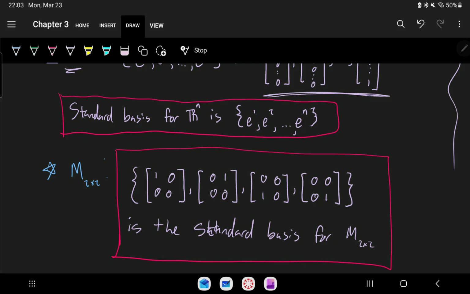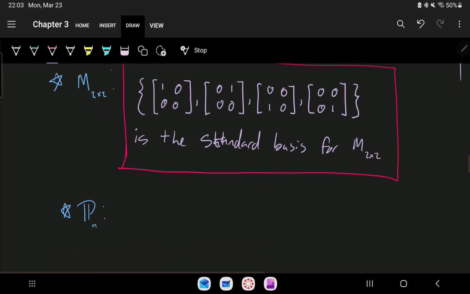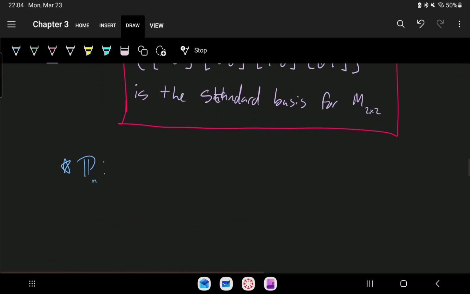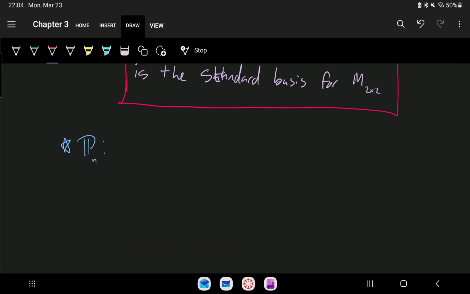And there's one more space that is pointed out in the book, something we haven't worked with as much, but it is slowly starting to take center stage, so it is worth pointing out. And that is the set of polynomials with degree n or less, if you remember that from a past video. This is very similar, right?